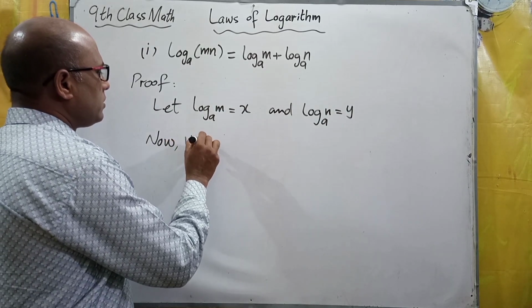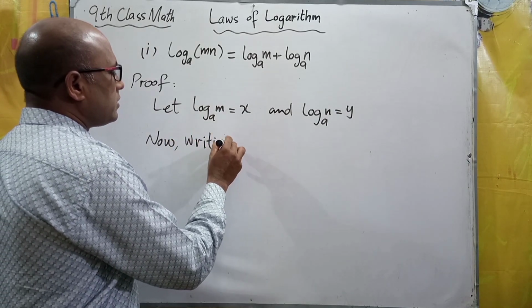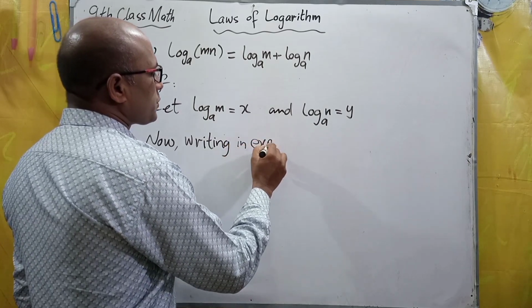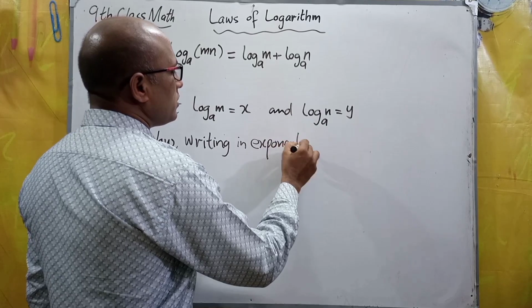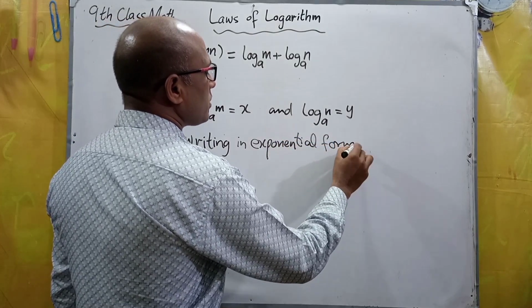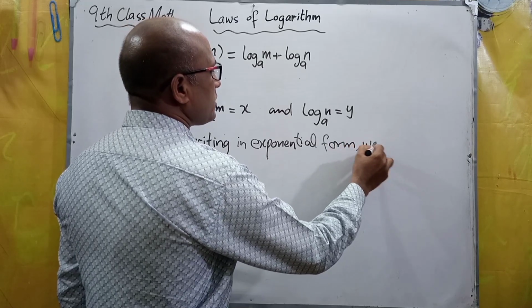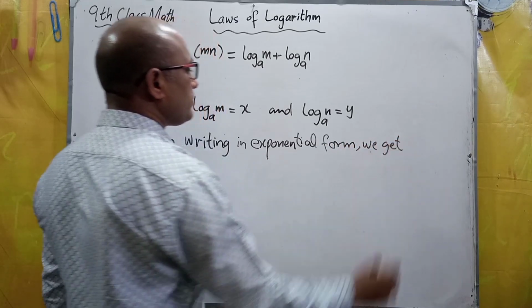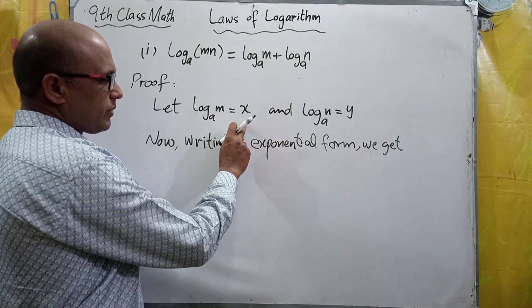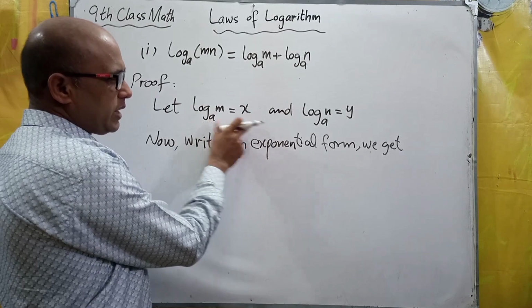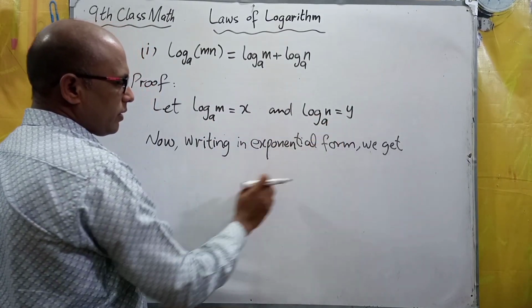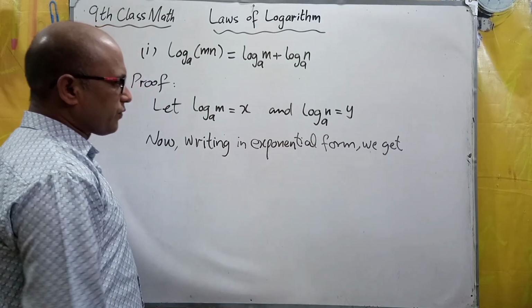Now writing in exponential form, we get: we'll write these statements which we have supposed equal to x and y in exponential form.